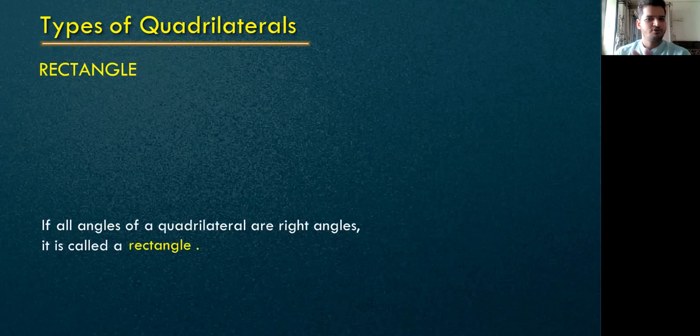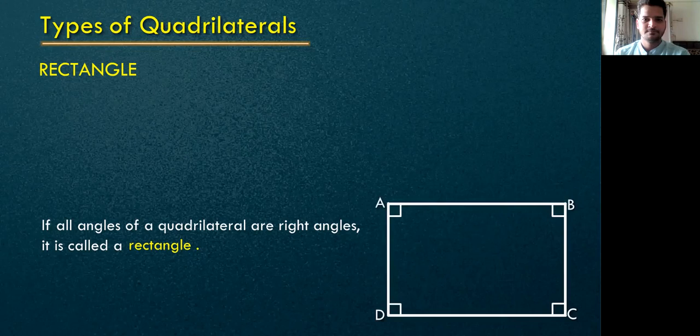If all angles of a quadrilateral are right angles, it is called a rectangle. Okay, so let us have a quadrilateral ABCD. If you observe the figure carefully, the angles are marked with a box that indicates it is a 90-degree marking, right? So in the quadrilateral ABCD, measure of angle A is 90 degrees, measure of angle B is also 90 degrees, measure of angle C is 90, and measure of angle D is also 90.